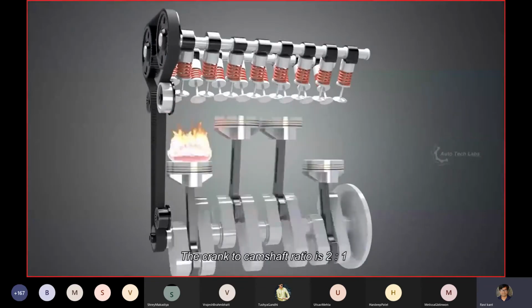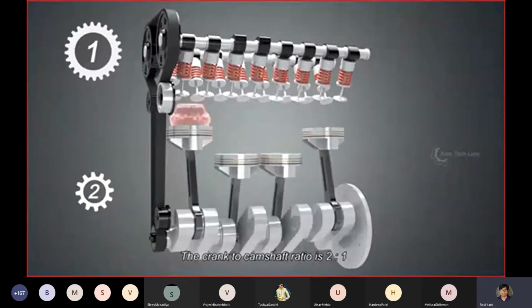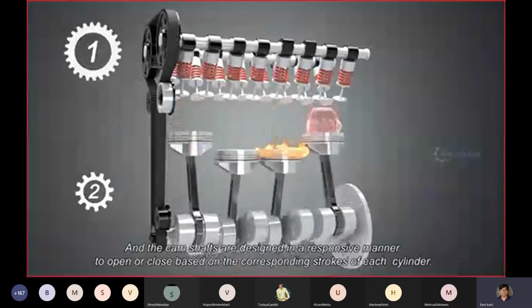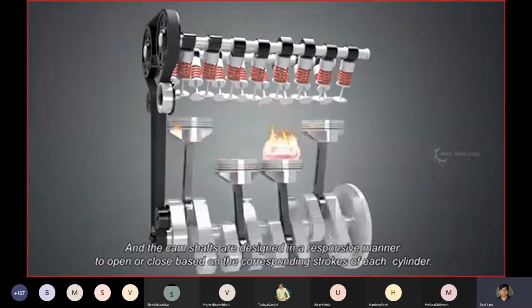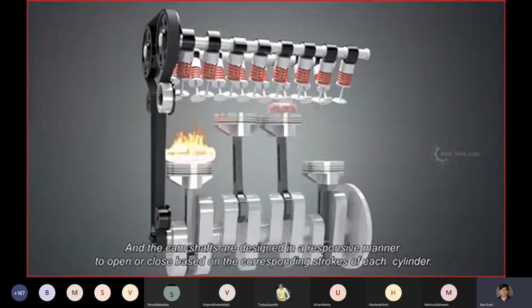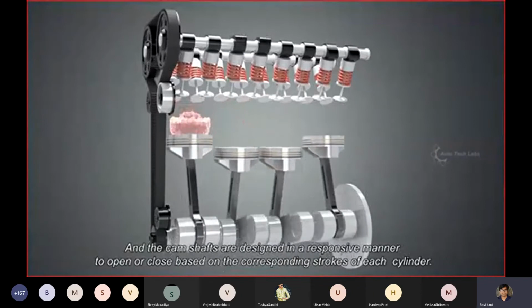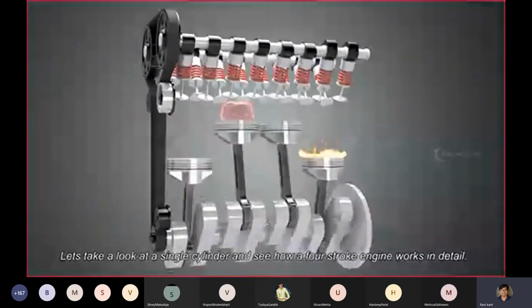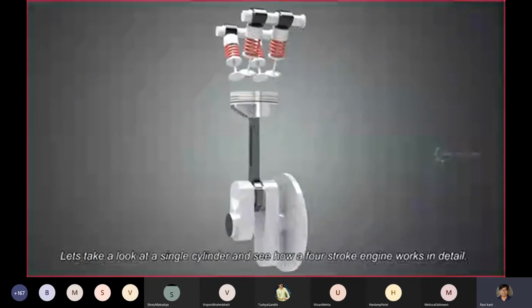The crank to camshaft ratio is 2:1, which means it will take 2 crank revolutions to complete 1 camshaft revolution. And the camshafts are designed to open or close based on the corresponding strokes of each cylinder. Let's take a look at a single cylinder and see how a 4-stroke engine works in detail.